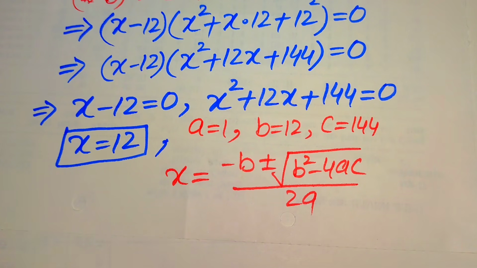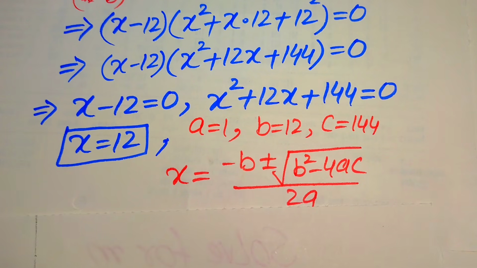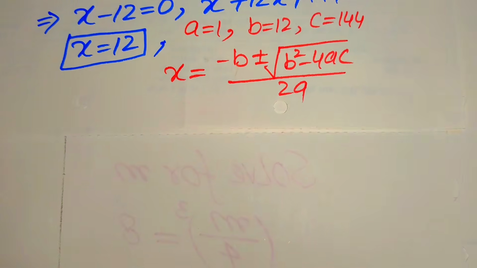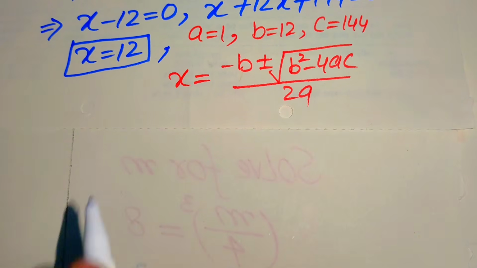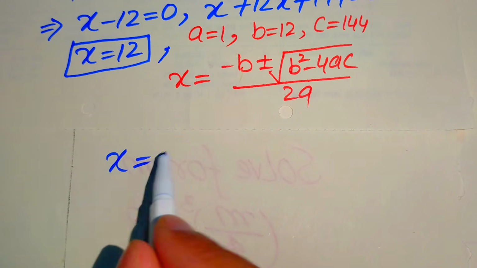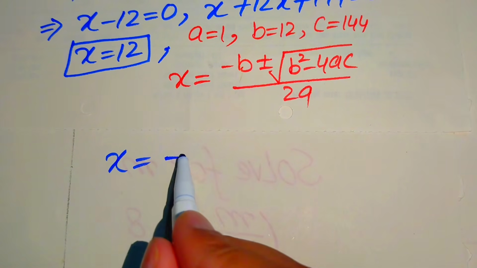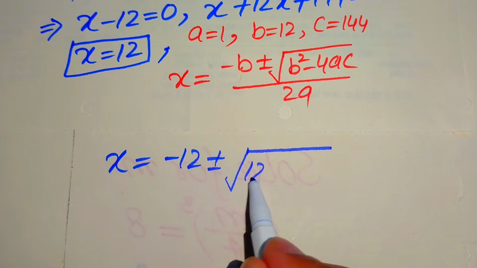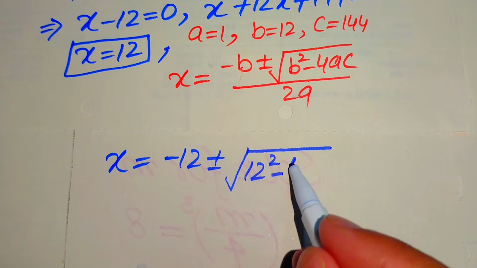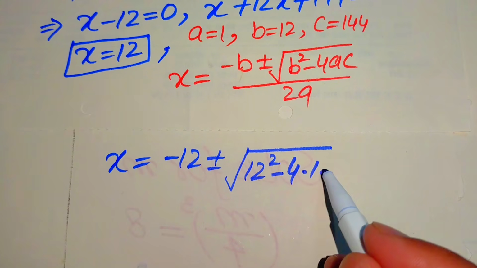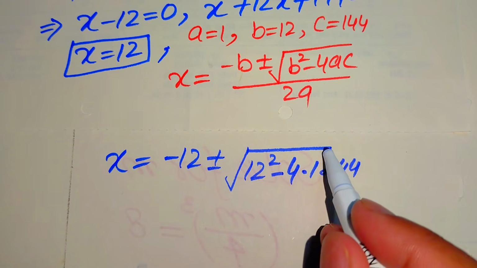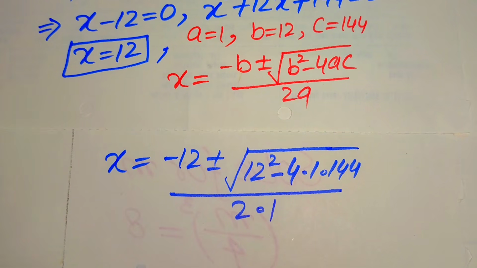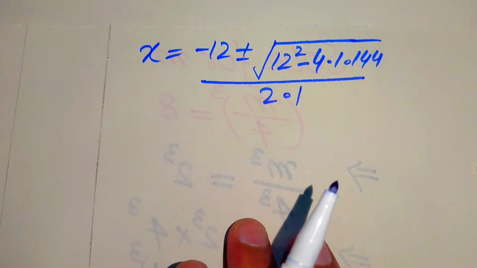Here we substitute all the values of a, b, and c in this formula, and we get the remaining roots of the given equation. When we substitute, it becomes minus 12 plus or minus square root of 12 square minus 4 times 1 times 144, divided by 2 times a, and here a is equal to 1.